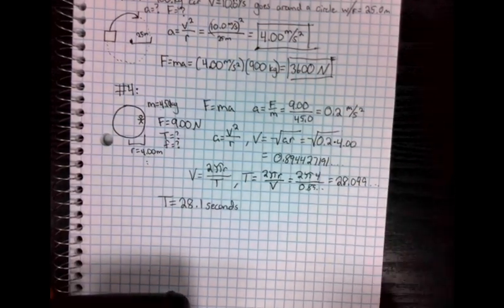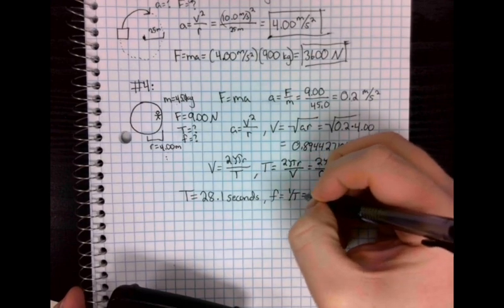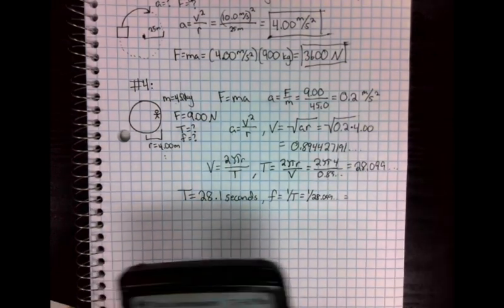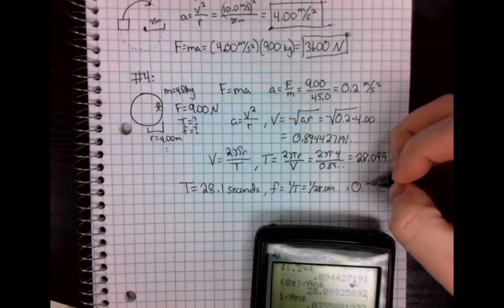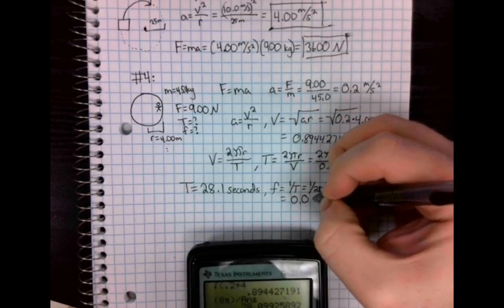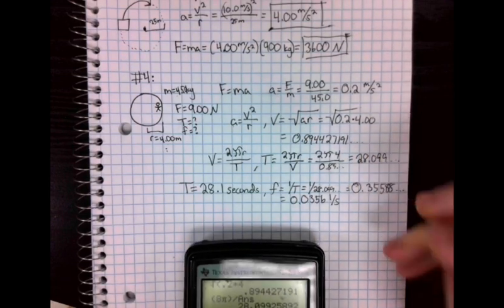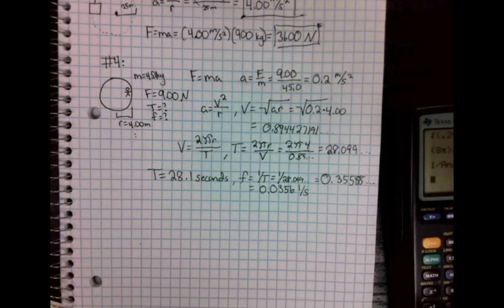So that's how long it takes for one full rotation. f is equal to 1 over T, which equals 1 over 28.099..., which equals, if we plug that in, 1 over the second answer, 0.35588... which equals 0.0356 1 over seconds, or inverse seconds. That's how many rotations happen in 1 second. 28.1 seconds to do one rotation, or 0.0356 rotations happen every 1 second.